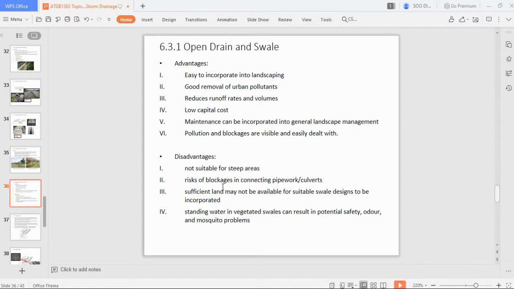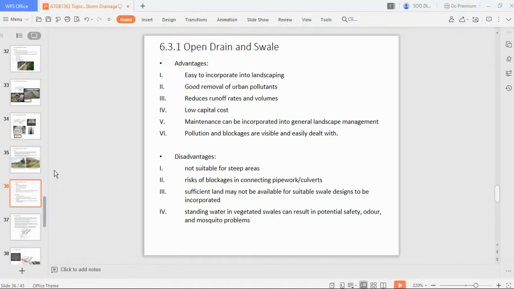The blockage can come from any soil or vegetation or rubbish that can block the piping work. And you need sufficient land. If you do not have sufficient land, it's not suitable to have a swale design.